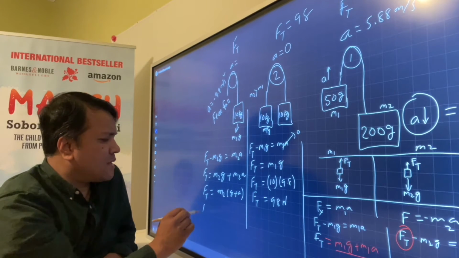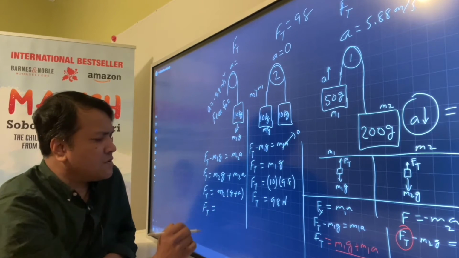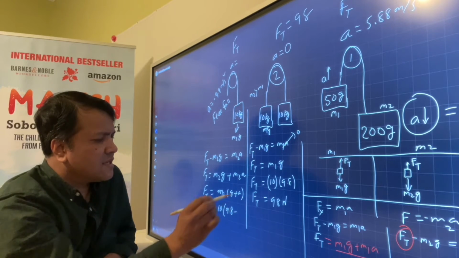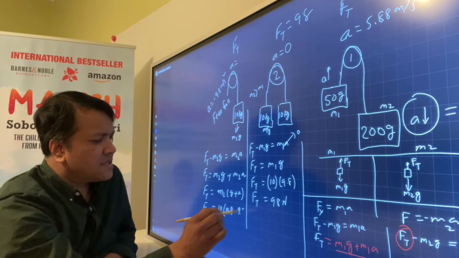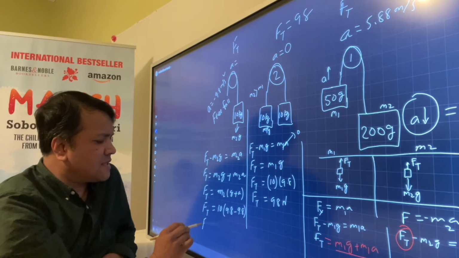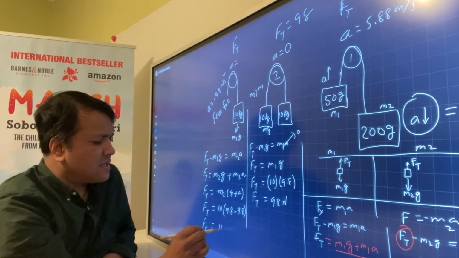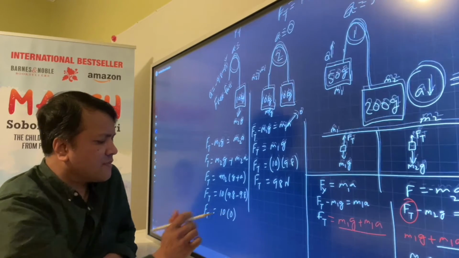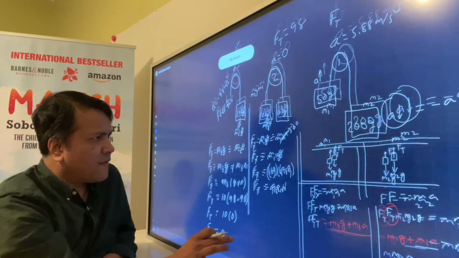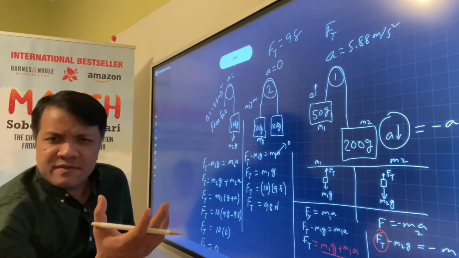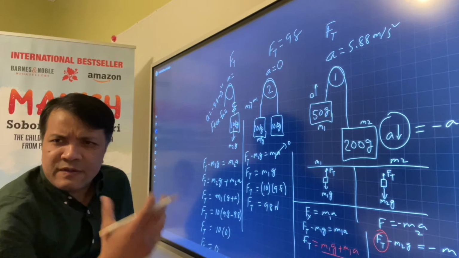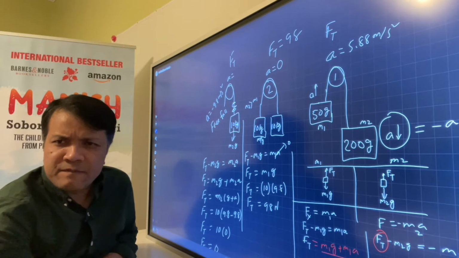All right, so Ft is equal to m2, which is 10, g is 9.8, and a is negative 9.8. So Ft is 10 times 0, so Ft is 0. And that is obvious because there is no tension force on this rope, because this guy is in free fall.